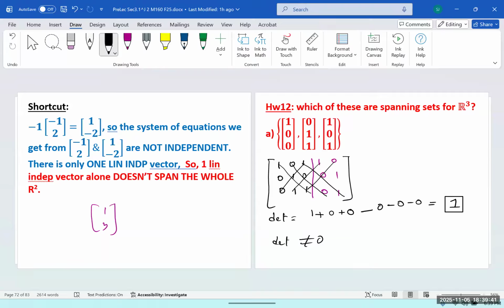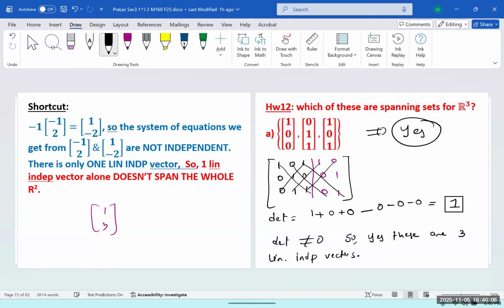They are independent. So yes, these are 3 linearly independent vectors. Since we have 3 independent vectors in R3 space, do they span the entire R3 space? Yes.